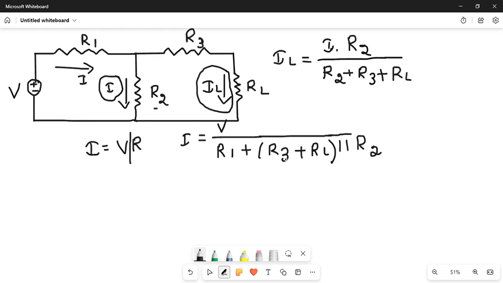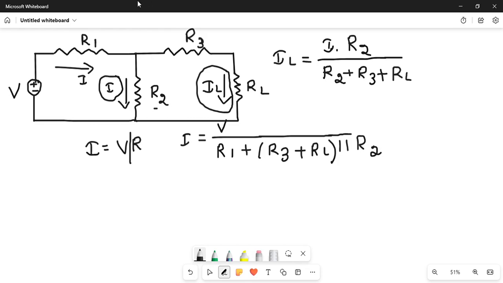This R3 plus RL are in series, which is in parallel with my R2.